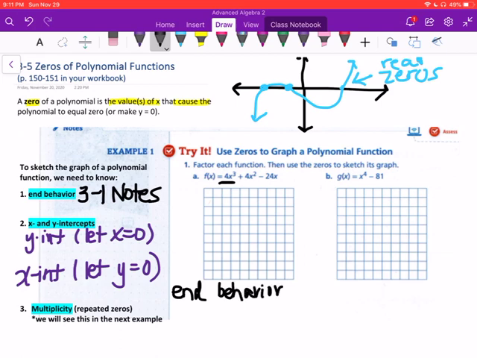I see that the leading coefficient, 4, is positive, and the degree, the highest exponent, is odd. So since the leading coefficient is positive and my degree is odd, the bottom is going to point down and the top is going to point up.